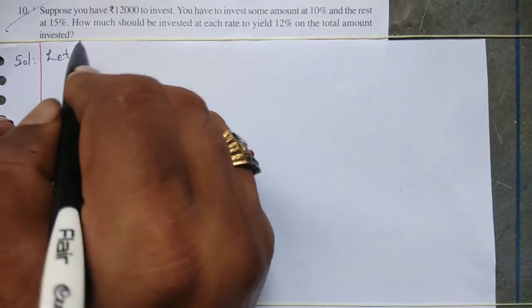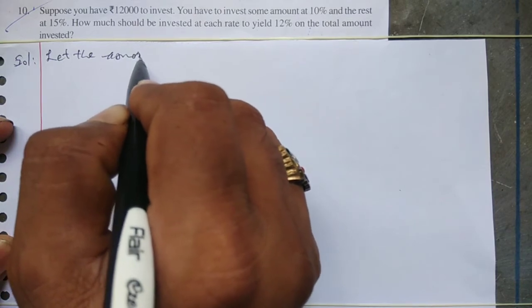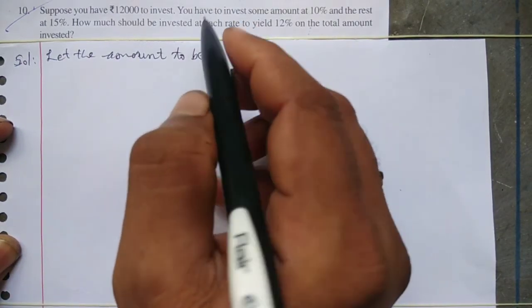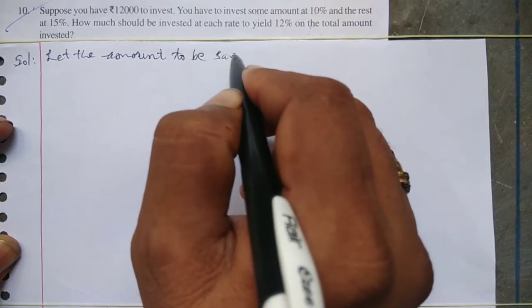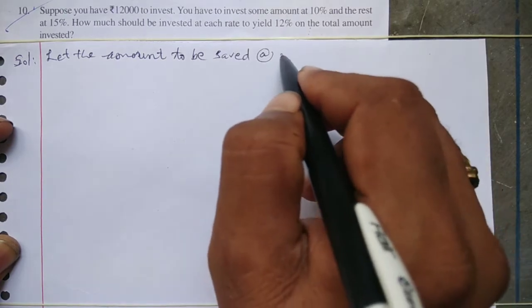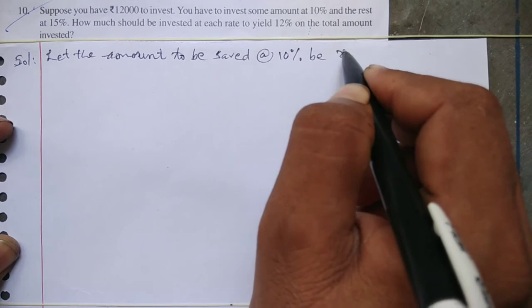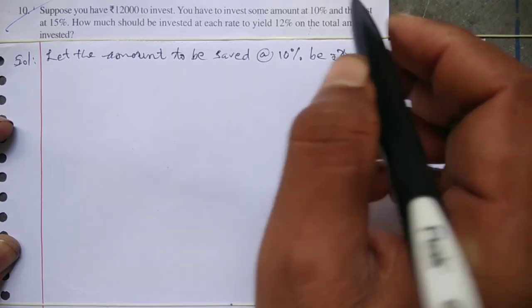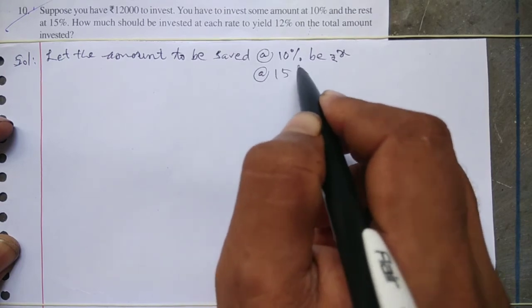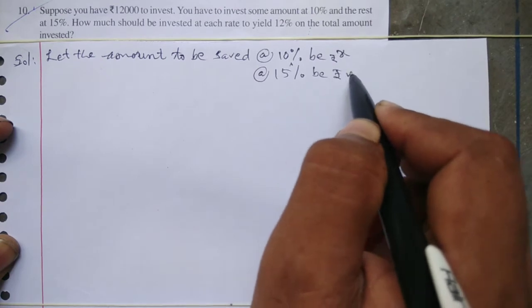Let the amount to be saved at the rate of 10% be x rupees, and at the rate of 15% be y rupees.